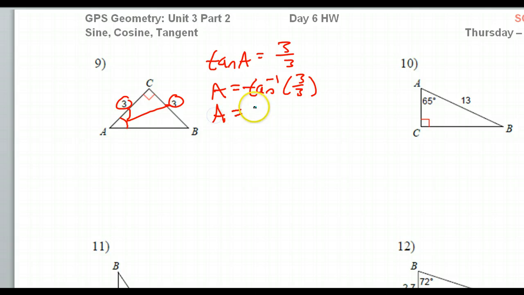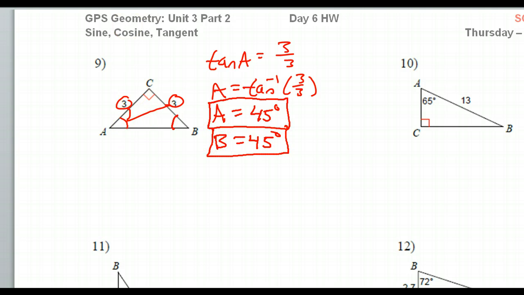That means that A is 45 degrees, which we really knew because these were the same. But there you go. So A is 45 degrees. Guess what? That means that B is also 45 degrees because it's isosceles. These are going to be the same. So that's 45 degrees also.